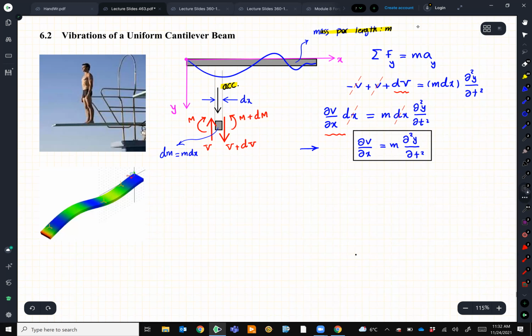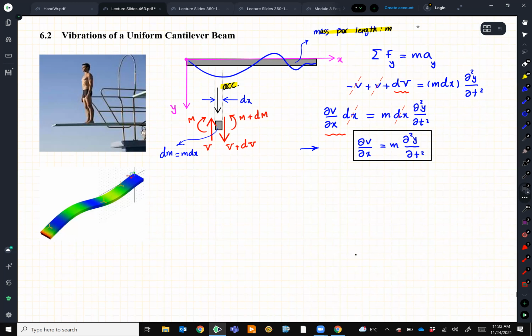That's one equation. What we found is that the change in shear force V on this beam has this relation with acceleration. So it means acceleration can change the shear force in this beam.